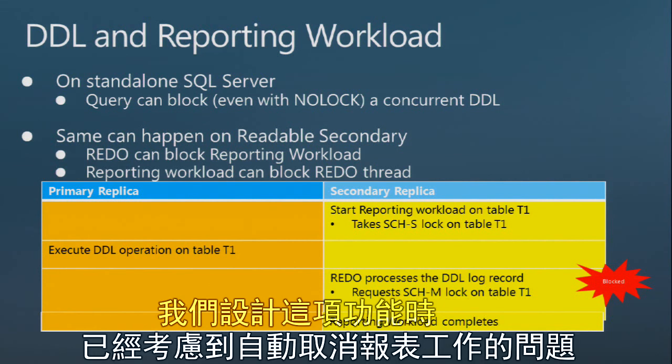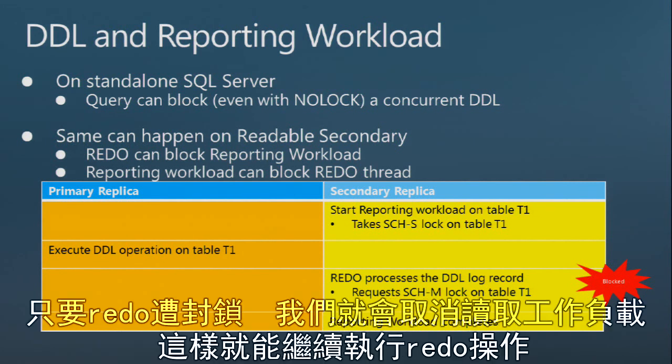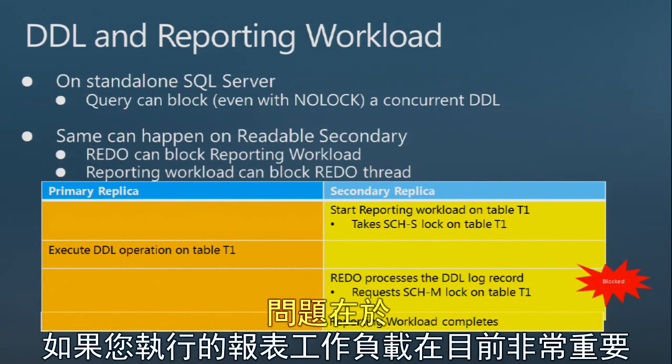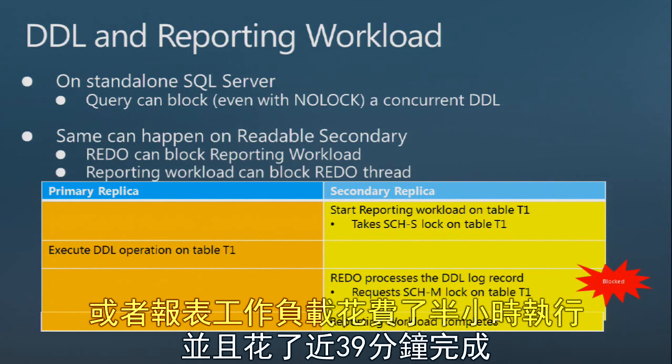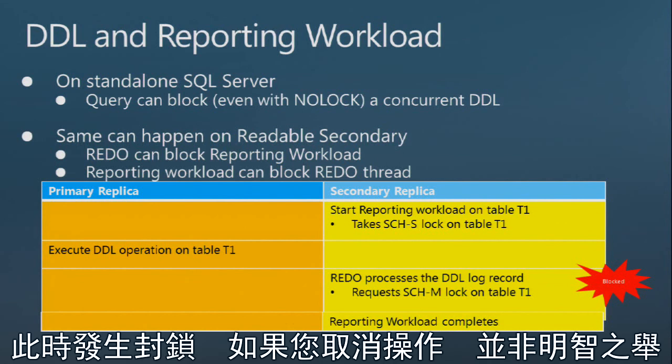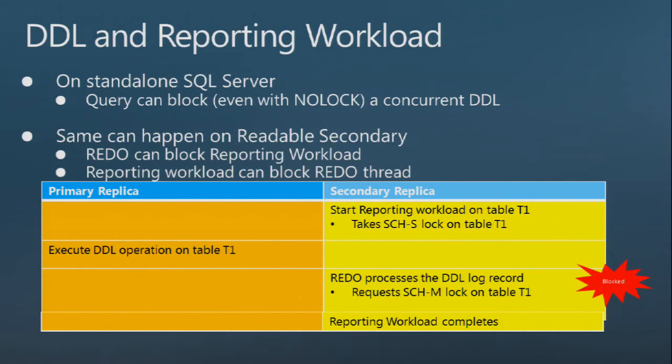When we were designing this feature, we thought about killing the reporting work automatically. As soon as redo is blocked, we'd say, okay, I'm going to kill the read workload, and the redo moves forward. The problem was, if you were running a reporting workload that is very critical, or your reporting workload was taking half an hour to run and you were almost 29 minutes done, and the blocking happens, and if we kill it, it's not a good user story.